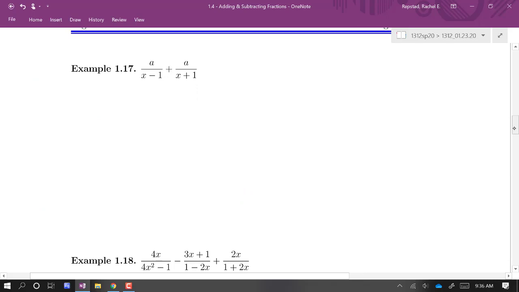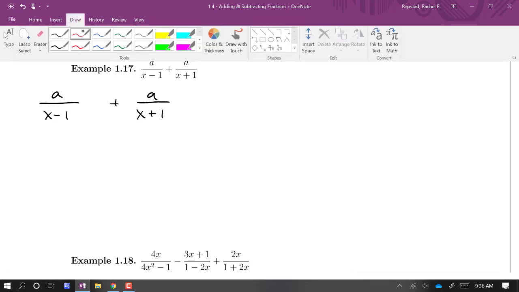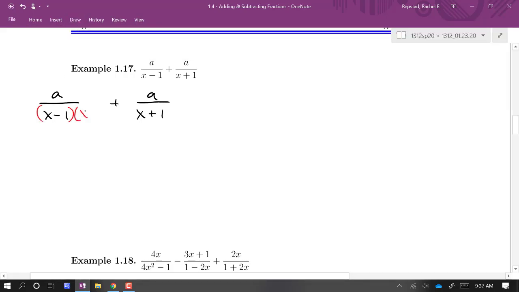All right. What about this one? Those denominators are different. How do we get a common denominator? The left needs x plus 1, because they're completely different factors.